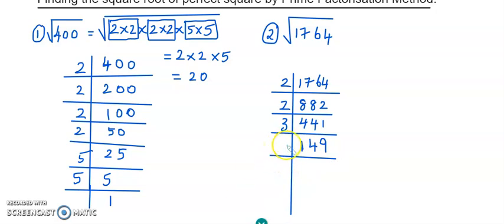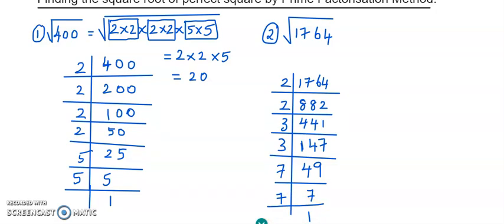Next 3s are, wait, I made a mistake, sorry, it's a 7. Now 4s are, because 3 4s are 12, and then 27, so 9. Then it's 7 7 7 1, right?